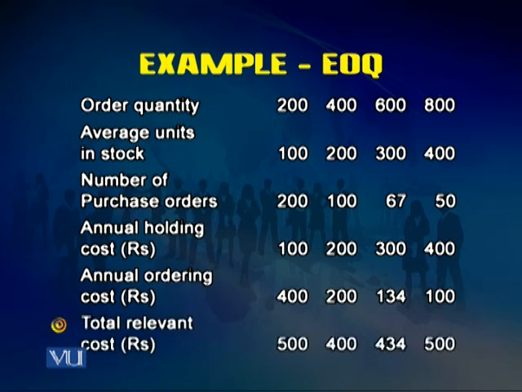So we have tabulated all four different types of costs for the four different order sizes, and we come to the total relevant cost for all the order sizes. The total relevant cost for 200 size is 500, for the 400 order size it's 400, for 600 it's 434, and for 800 it is 500.